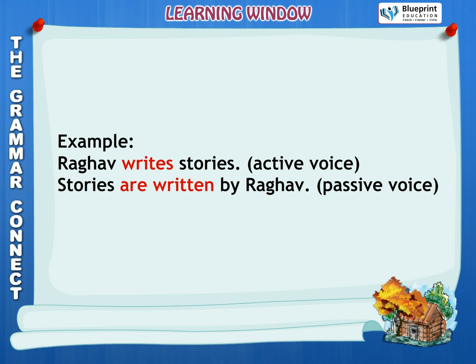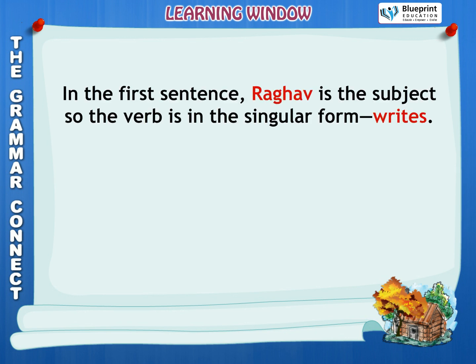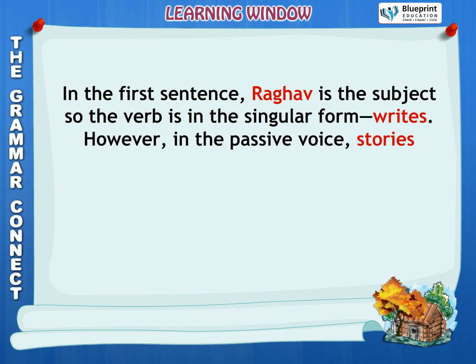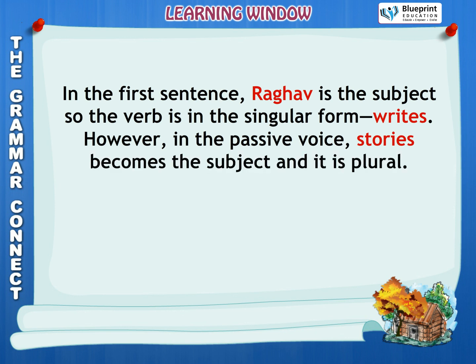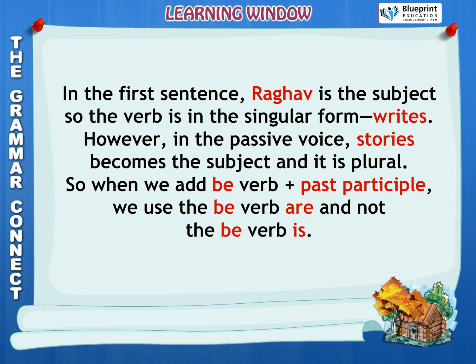Passive voice. In the first sentence, Raghav is the subject, so the verb is in the singular form, writes. However, in the passive voice, stories becomes the subject and it is plural. So, when we add be verb plus past participle, we use the be verb are and not the be verb is.